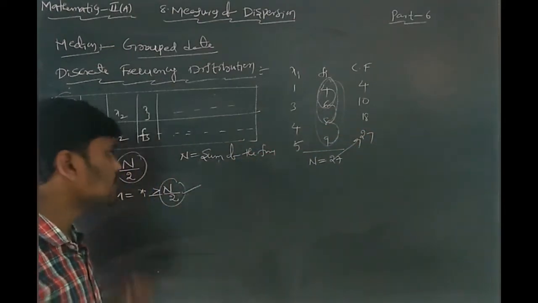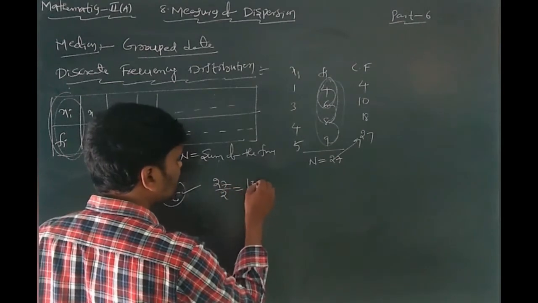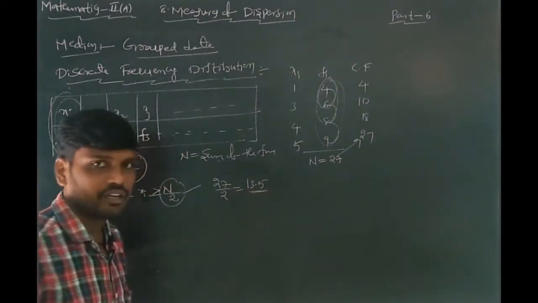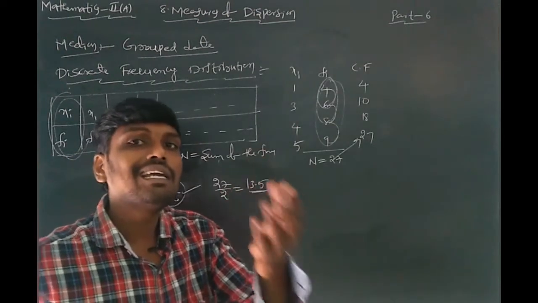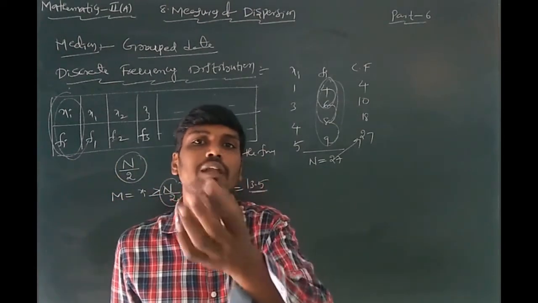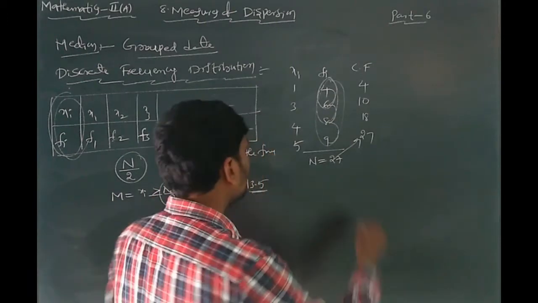Here you find n by 2. What is the value of n by 2? 27 by 2 is approximately 13.5. The observation whose cumulative frequency is nearest to and greater than 13.5 is the median.